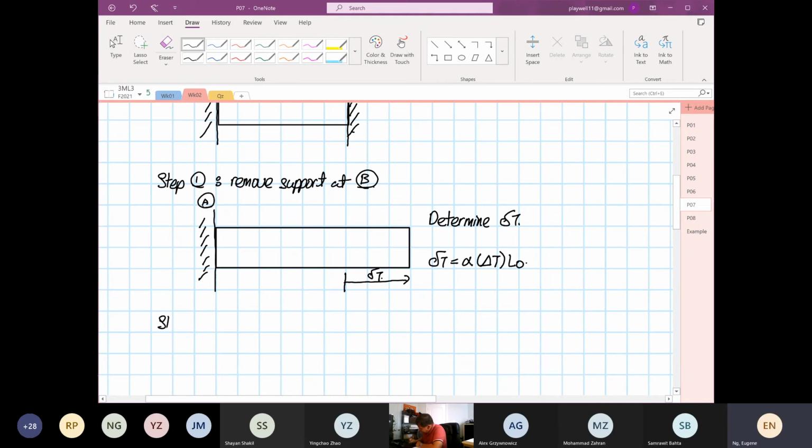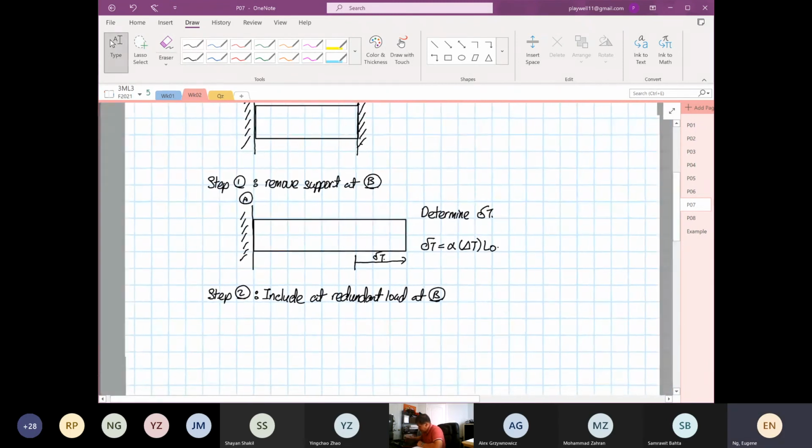Then step 2, we are going to include a redundant load at point B, so we're going to push it back.